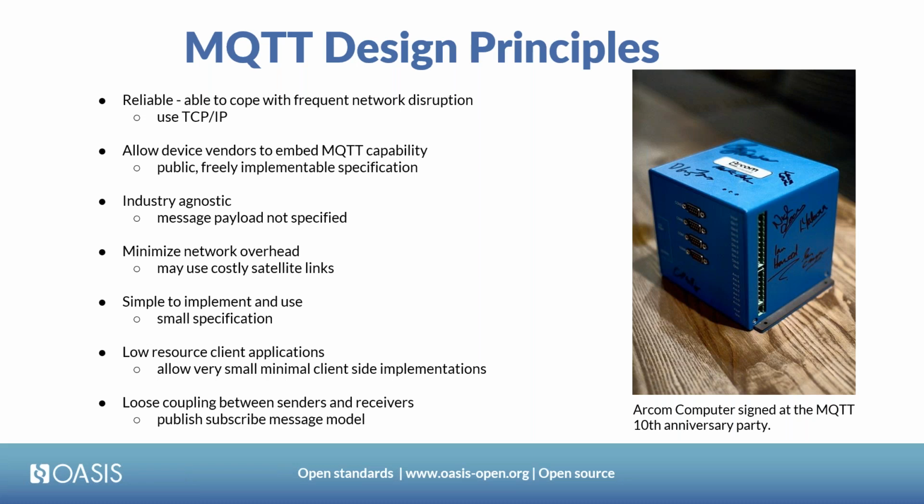It needed to be lightweight and efficient to minimize any overhead on those satellite links that were costly to send data. Simple to use and implement. Applications needed to be as small and power efficient as they could be over TCP/IP, and to provide maximal flexibility in solutions, a loose coupling between senders and receivers was chosen, so that meant a publish-subscribe messaging model.